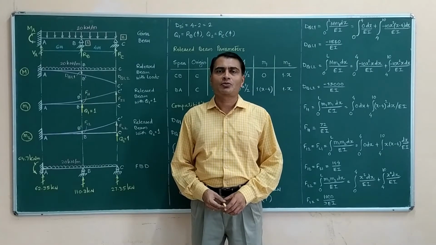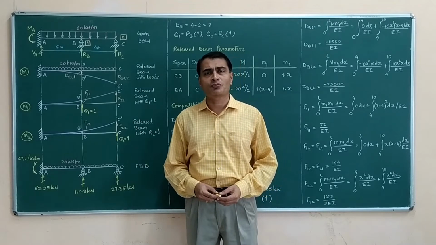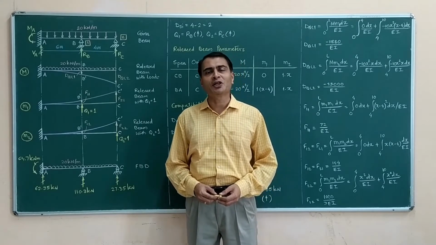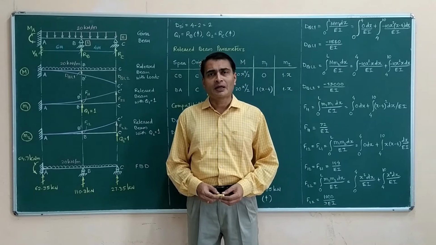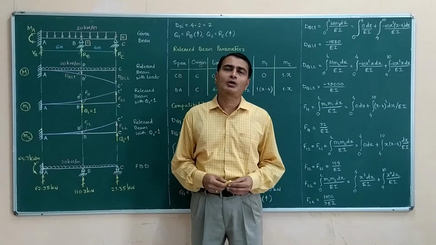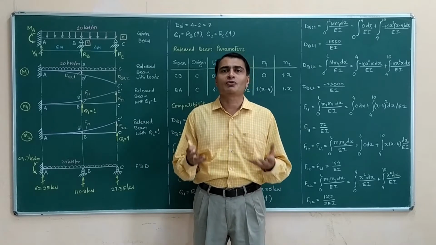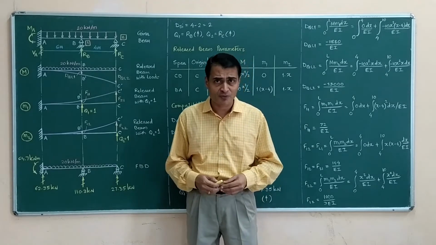So here is our first problem of the flexibility method with degree of static indeterminacy 2, and we will come to know how to make use of the flexibility coefficients.